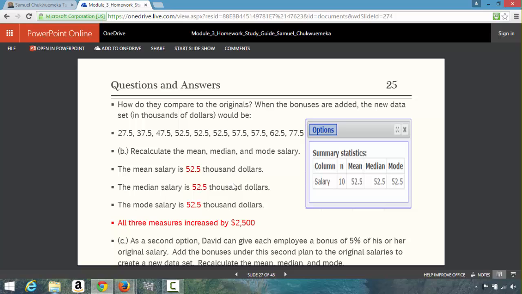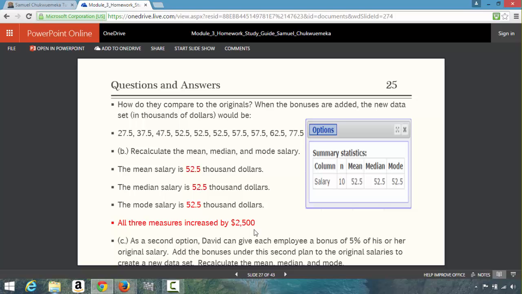Then you recalculate the mean, median, and mode. What do you notice? All three measures increased by 2,500, because he decided to give everybody, including himself, $2,500.